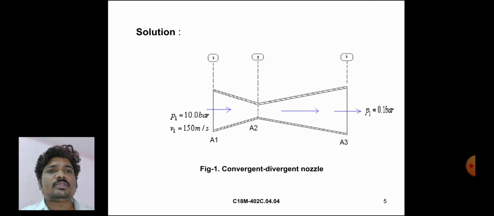The entry position pressure is 10 bar and the exit position pressure is 0.1 bar, as shown in this figure. 1 to A1 is the convergent nozzle entry area, 2 to A2 is the throat area, and 3 to A3 is the divergent nozzle exit area.